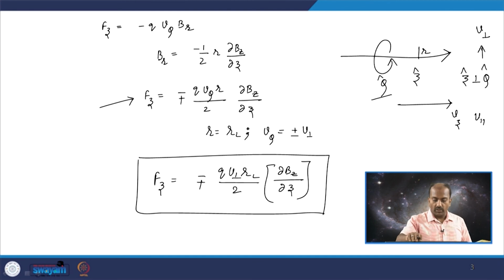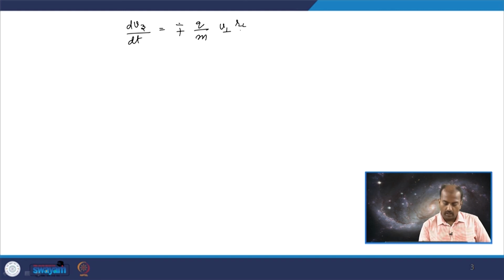Now, let us substitute this force Fz and see the differential equation that results. dVz by dt is simply minus plus q by m v perpendicular RL by 2 times dou Bz by dou z.